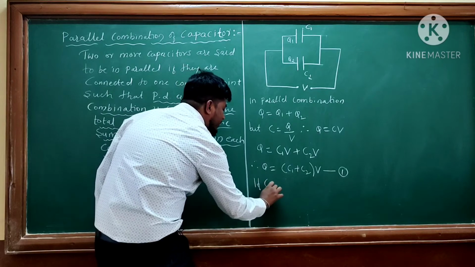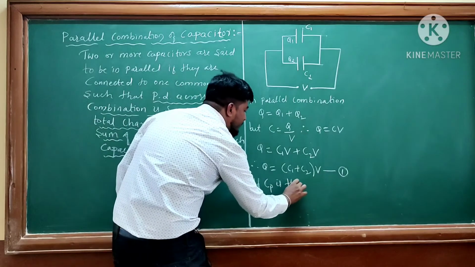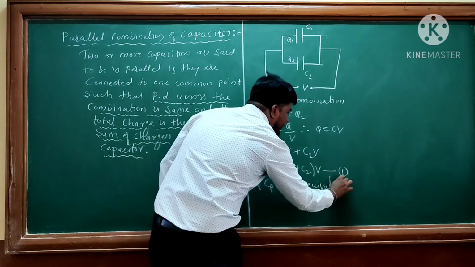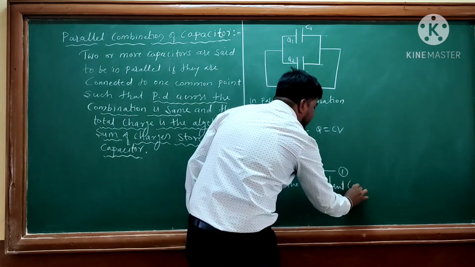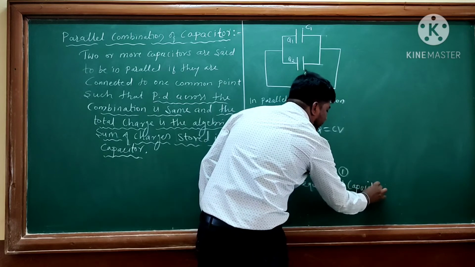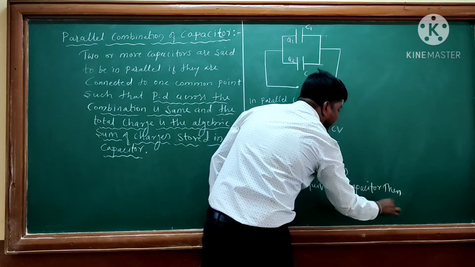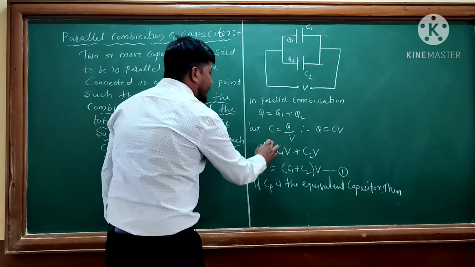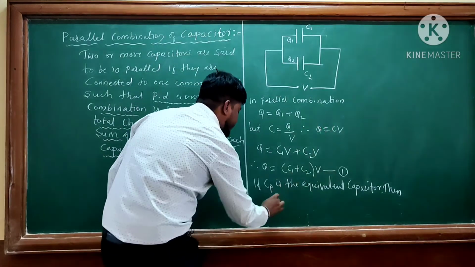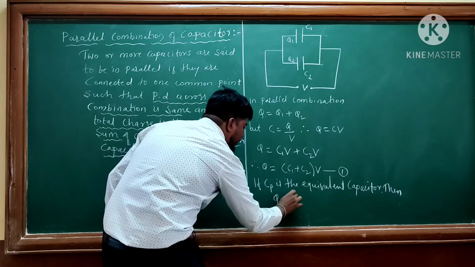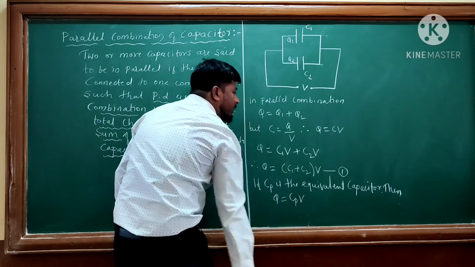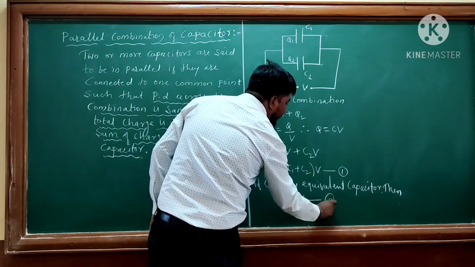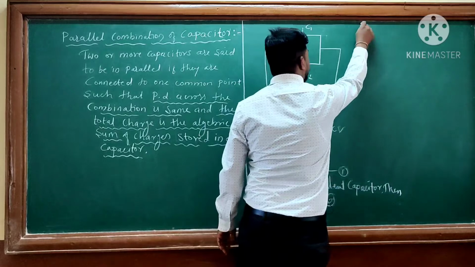If Cp is the equivalent capacitor, then from this relation we can write Q is equal to Cp into V. Say it is equation number 2.